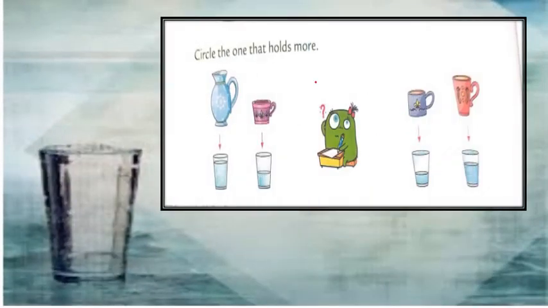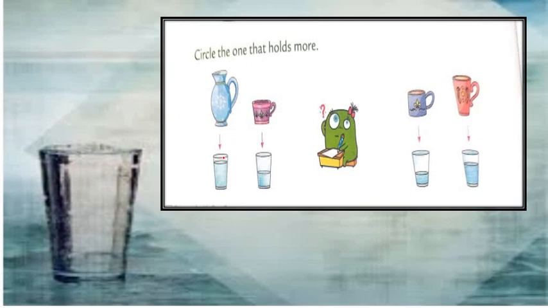Circle the one that holds more. We have two different shape and size containers over here, which hold something inside. By pouring it into an identical container, we have to find out which one holds more, and make a circle around it.